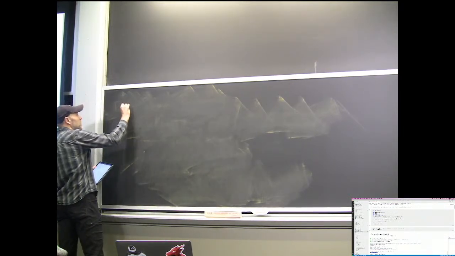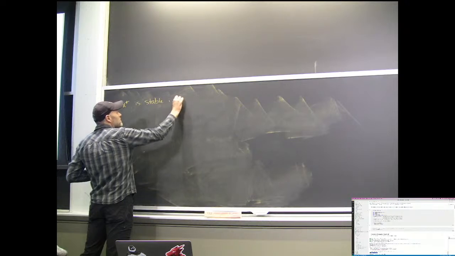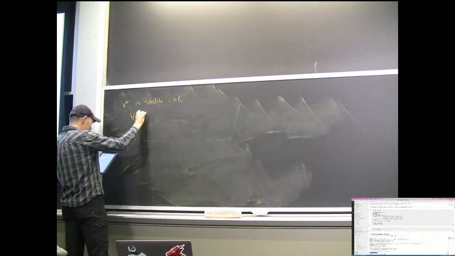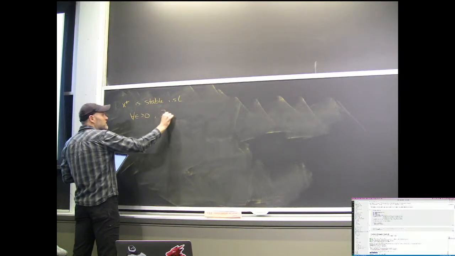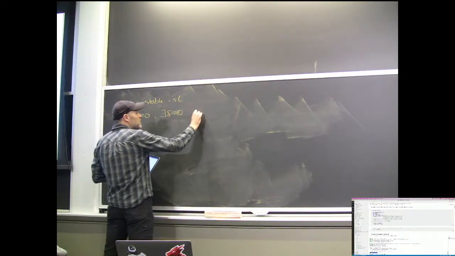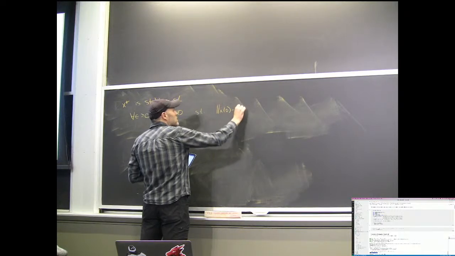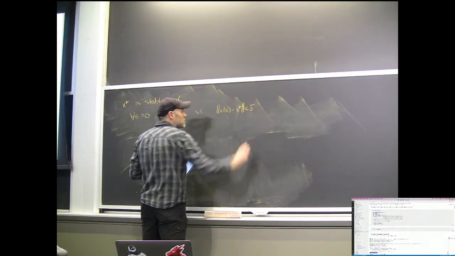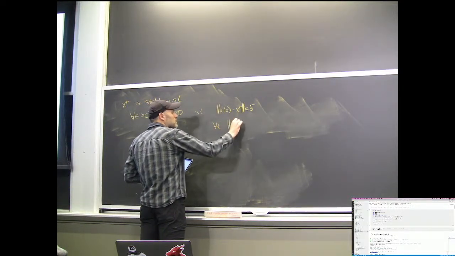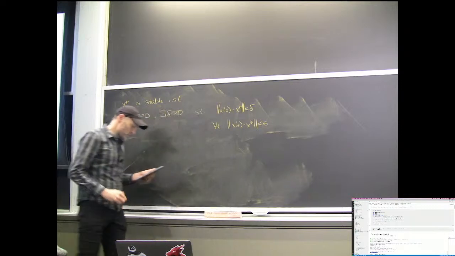So x star is stable in the sense of Lyapunov if for every epsilon small, there exists a delta greater than 0, such that if the initial conditions are inside the delta ball, then for all t, it's in the epsilon ball.